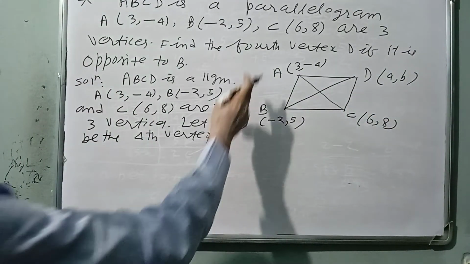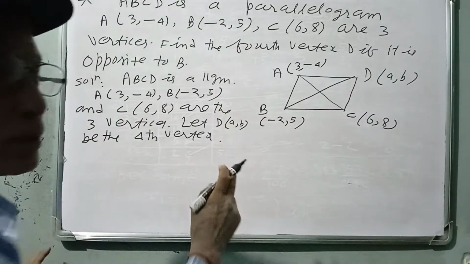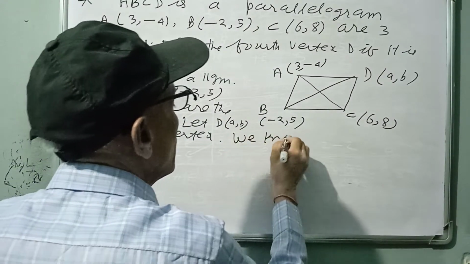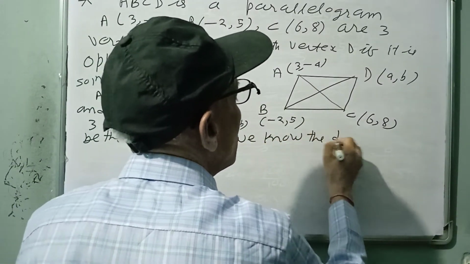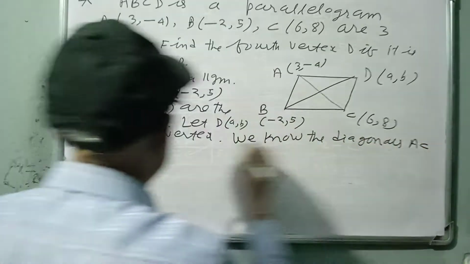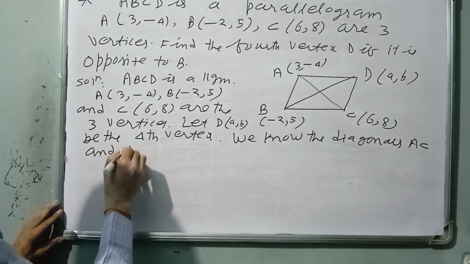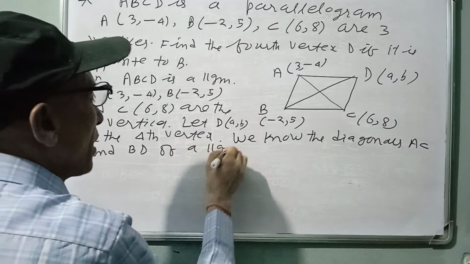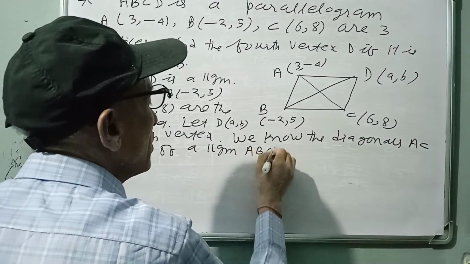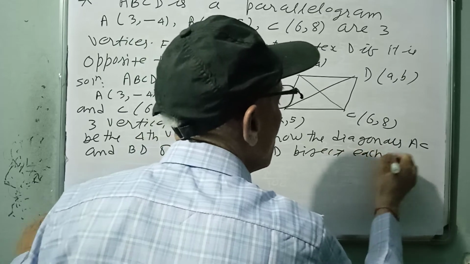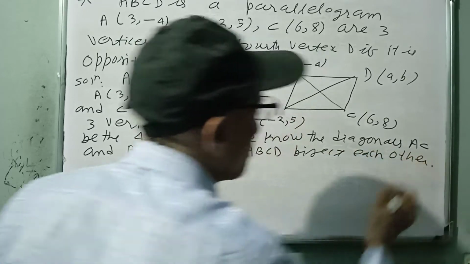Now what happens here? Diagonals AC and BD bisect each other. We know the diagonals AC and BD of a parallelogram ABCD bisect each other. What is the meaning?